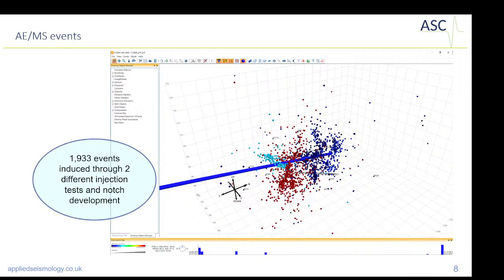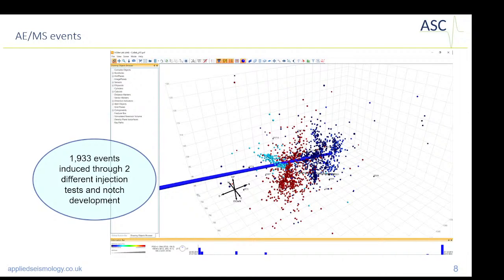This resulted in the recording of almost 2,000 microseismic events or acoustic emission events through 2 different injection tests, and the injection created to develop the notches in our injection borehole. So we can see here the seismic cloud, color-coded in this case by time.